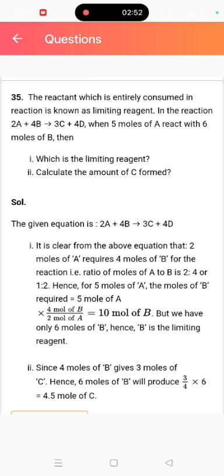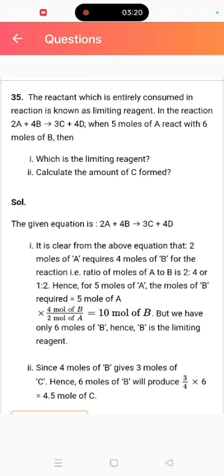It is clear from the equation that 2 moles of A requires 4 moles of B, so the ratio of A to B is 2 to 4, that is 1 to 2.